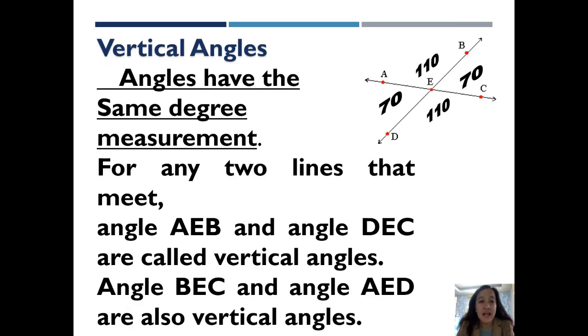What about vertical angles? Vertical angles are angles that have the same degree measurement. For any two lines that meet, just like in our given example, angle AEB and angle DEC are called vertical angles, as well as angle BEC and angle AED.